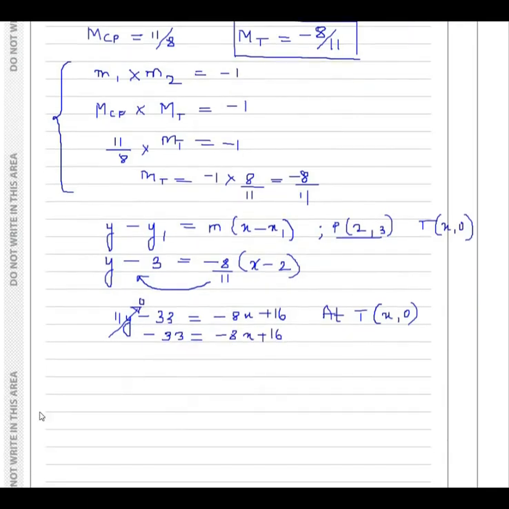We finally get -8x equals -33 minus 16, which gives us -49. So x will become equal to 49 over 8, since the negative signs cancel each other. So we have got the coordinates of T as 49 over 8, 0.